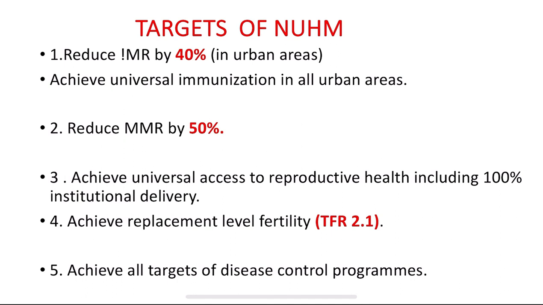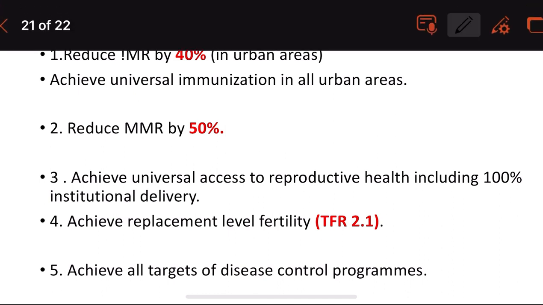Moving on to the targets of the National Urban Health Mission. The main target is to reduce the infant mortality rate by 40% in the urban areas and achieve universal immunization in all the urban areas. They also aim to reduce the maternal mortality rate by 50%.